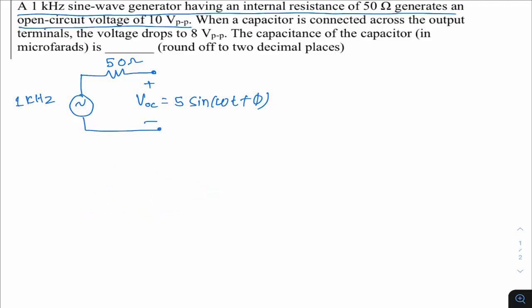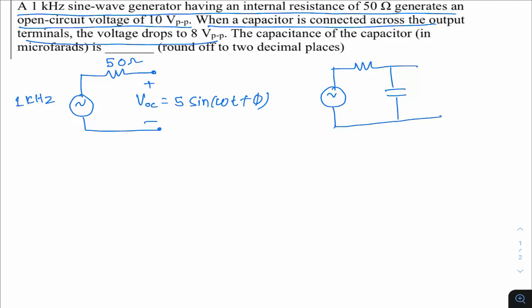Then what is being given? When a capacitor is connected across the output terminal, the voltage drops to 8 volt peak to peak. That means in this given circuit, if the capacitor is connected, so this is a capacitor, and the voltage is 8 volt peak to peak. That means this is the capacitor voltage VC.